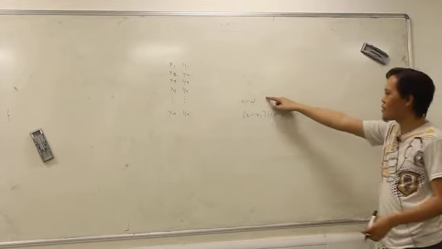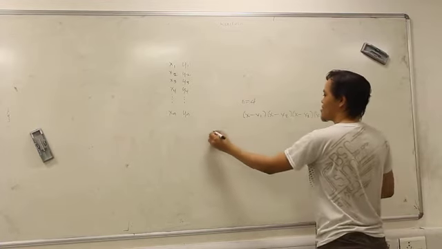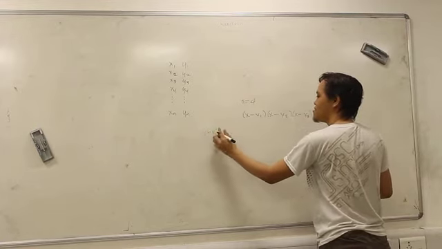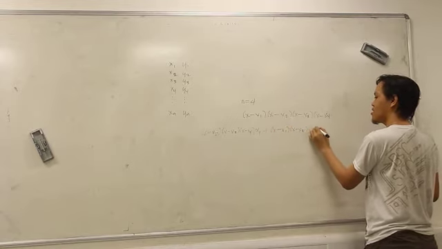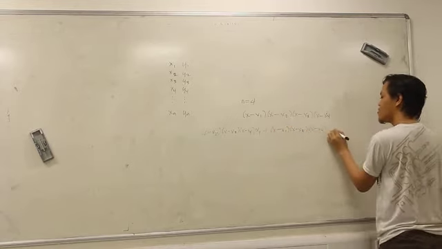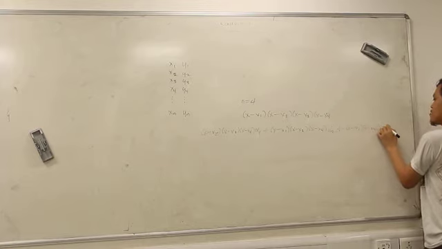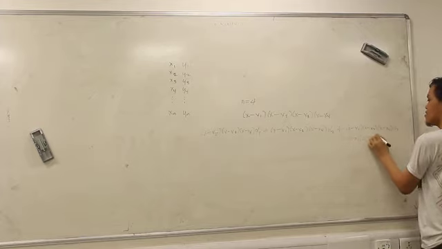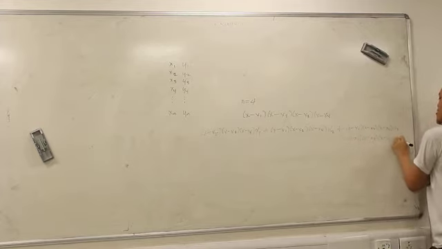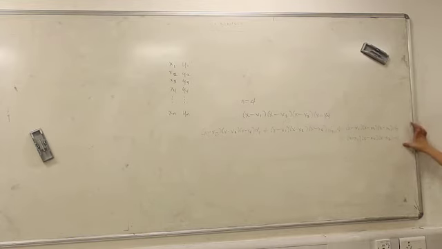For n equals 4, you'll have something like this: (x minus x_2)(x minus x_3)(x minus x_4) times some constant, let's say alpha_1, plus (x minus x_1)(x minus x_3)(x minus x_4) alpha_2, plus (x minus x_1)(x minus x_2)(x minus x_4) alpha_3, plus (x minus x_1)(x minus x_2)(x minus x_3) alpha_4. So the answer will be of this form.